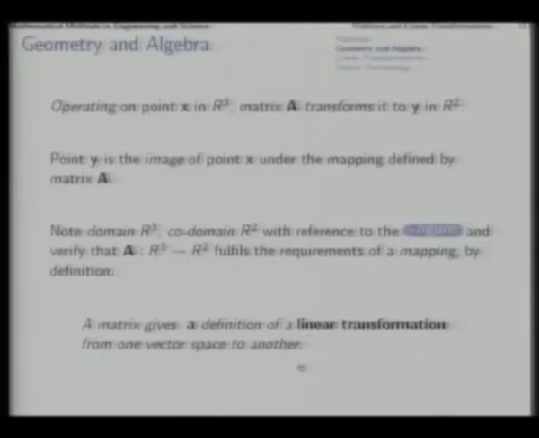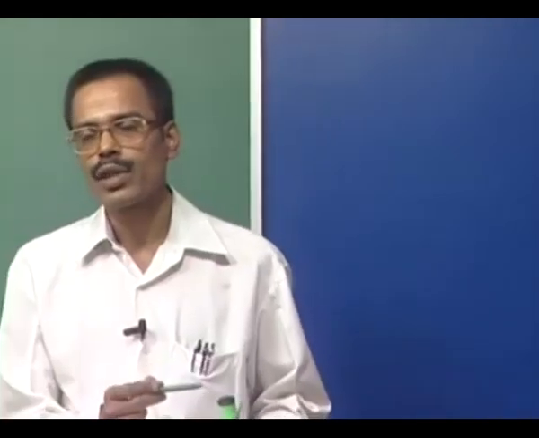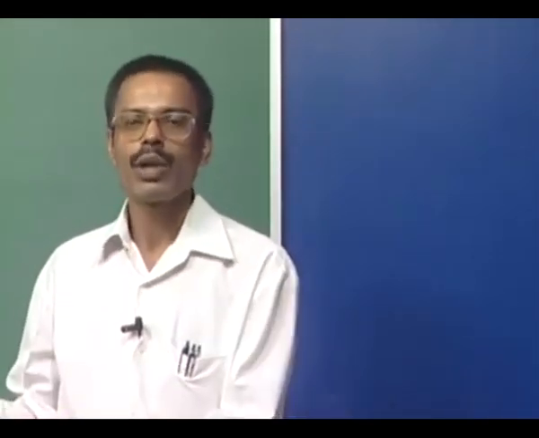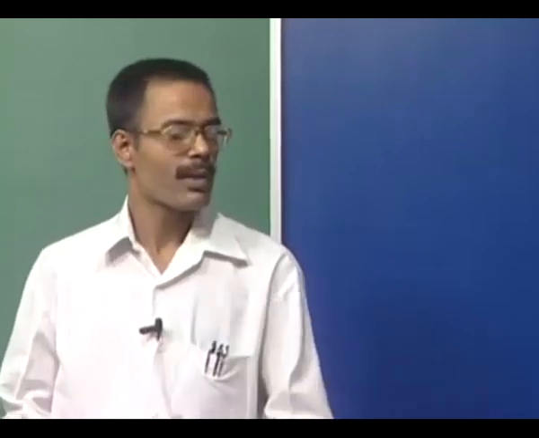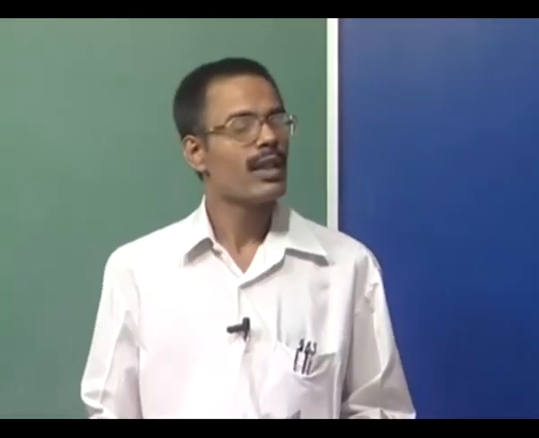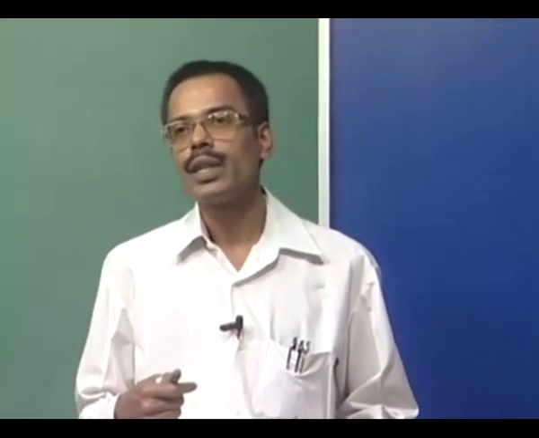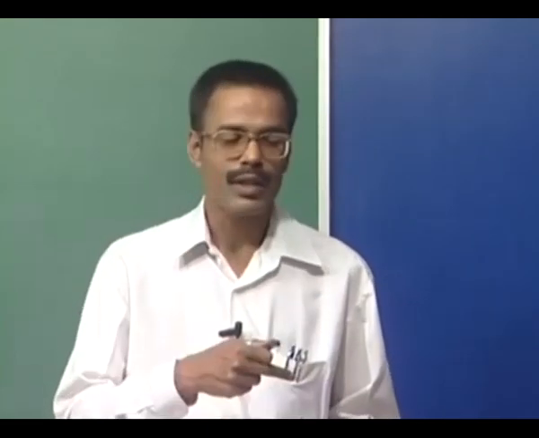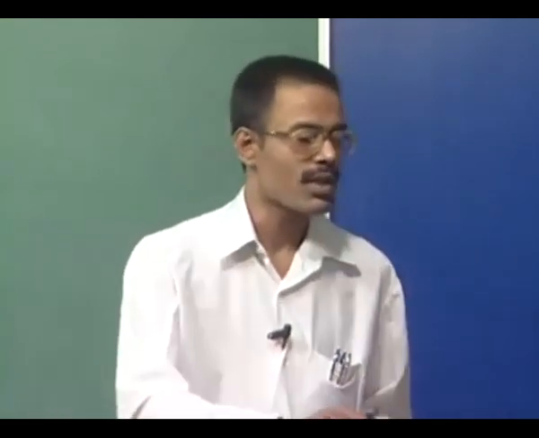In this particular example, we saw a linear transformation from R3, 3-dimensional real space, to R2, 2-dimensional real space, that is a plane. Now note that we are talking about a definition and not the definition. That preempts the issue which we will be discussing later, that there could be different definitions or different matrices defining the same linear transformation.